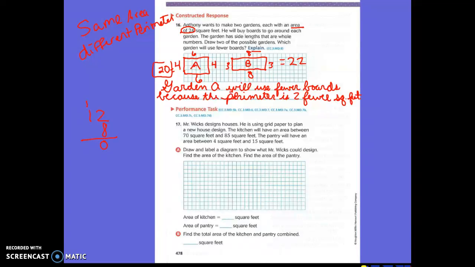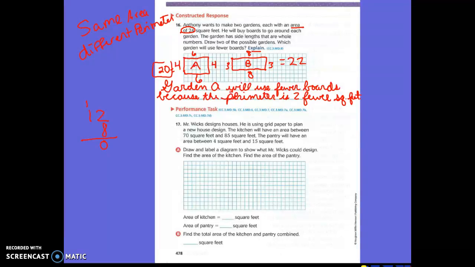The pantry will have an area between 4 square feet and 15 square feet. Draw and label a diagram to show what Mr. Wicks could design. Find the area of the kitchen. Find the area of the pantry.